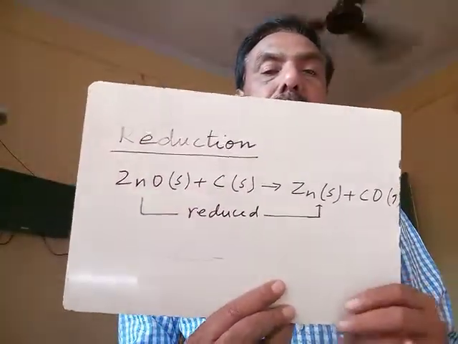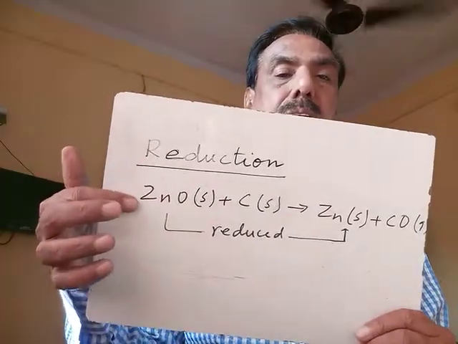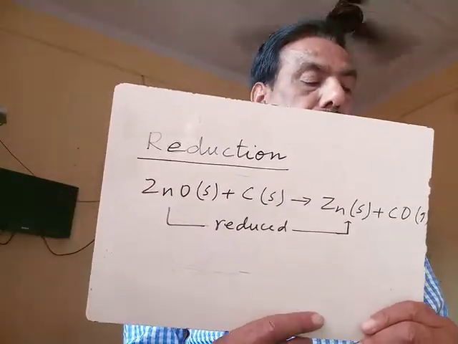Now the metal oxides are reduced to the corresponding metal by using suitable reducing agents such as carbon, which is a very good reducing agent. For example, look at zinc oxide on the board.